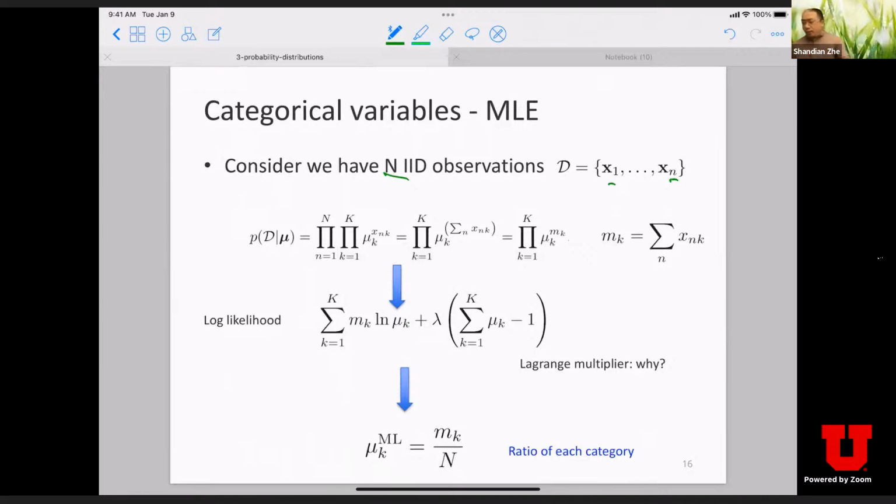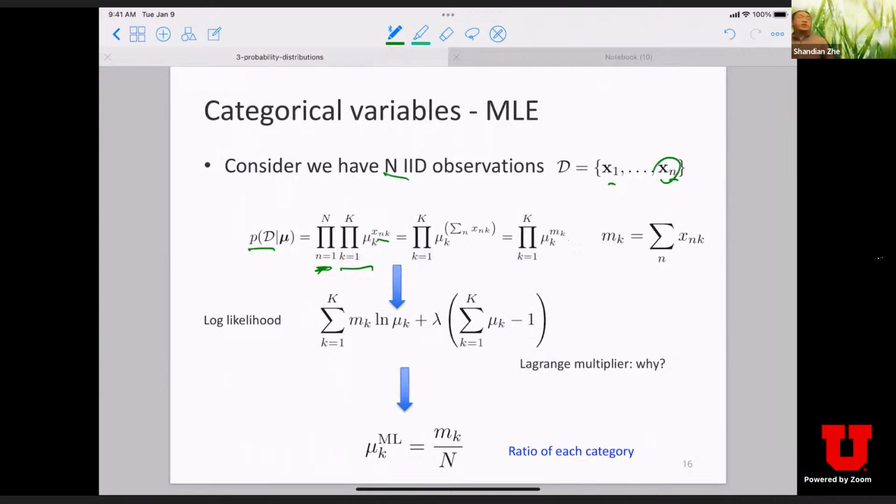So we can write down their joint probability as a product over all the examples. For each example n, the probability is a product over all the classes k. And for each class k, you get mu k to the power of x n k, where x n k is the kth element in the example xn.